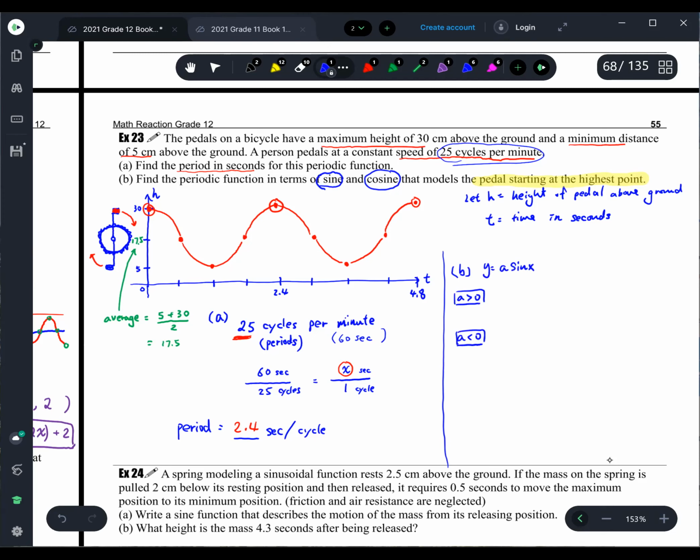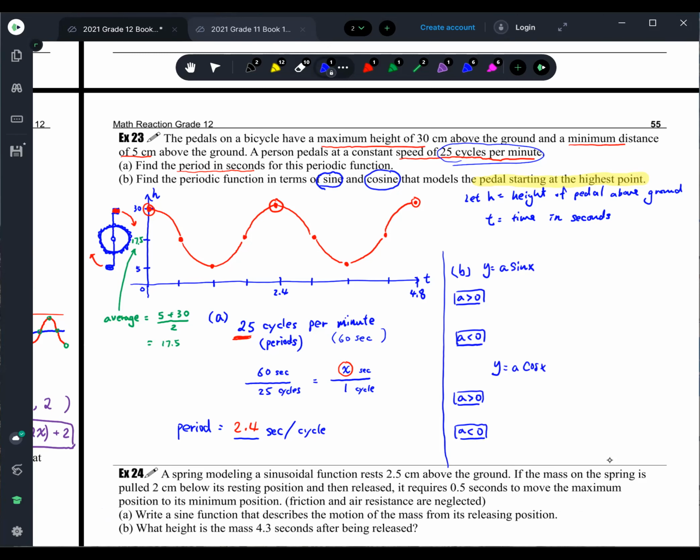And then cosine, without reflection, with reflection. By looking at the graph, please find these 4 functions.